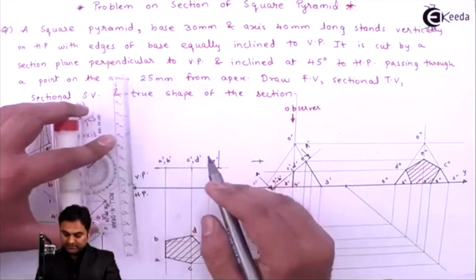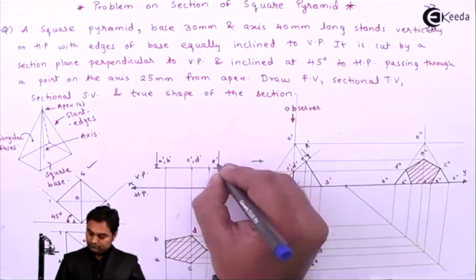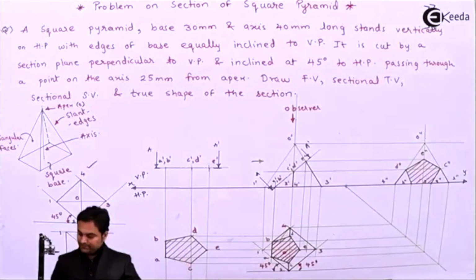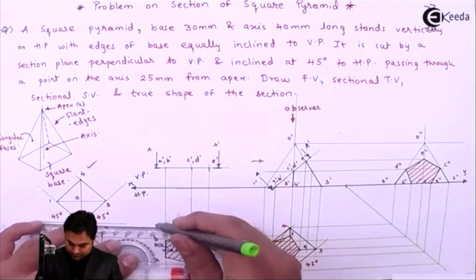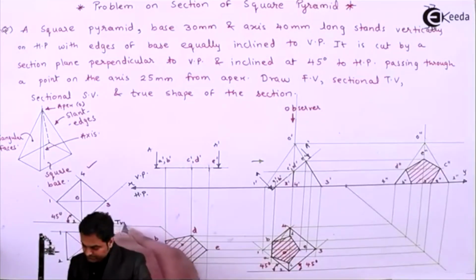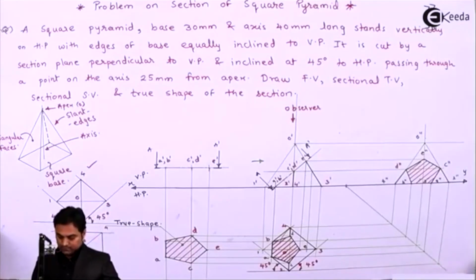This is the viewing direction. Cutting plane A dash. This is the true shape of the section. Next, I'll give the dimensioning to it.